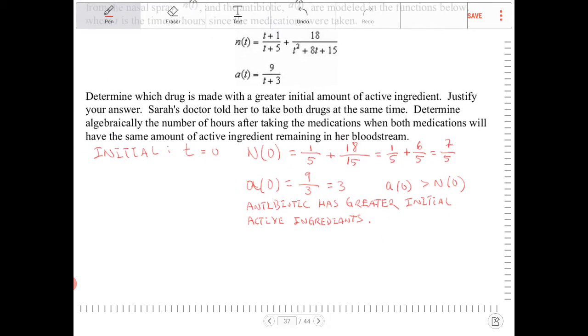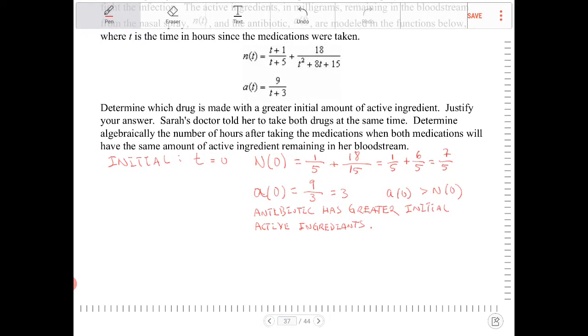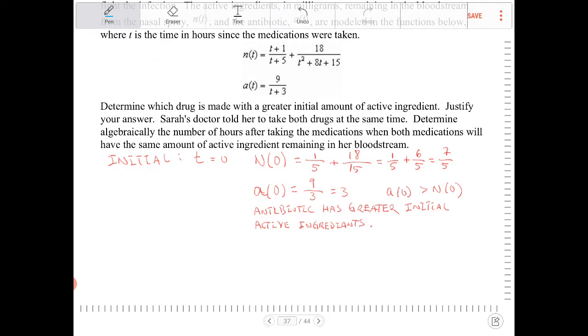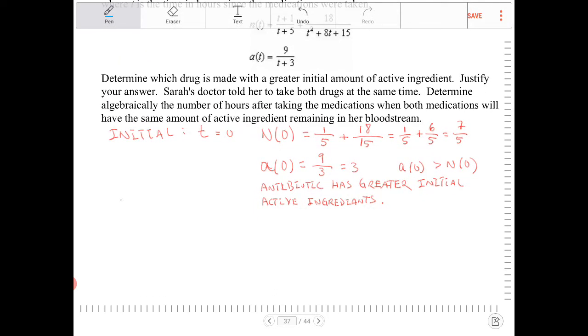Okay, and then the second part of the question says determine algebraically the number of hours after taking a medication when both medications will have the same amount of active ingredient. For that, I'm going to change colors now. So we want to determine at what moment in time will n of t equal a of t.